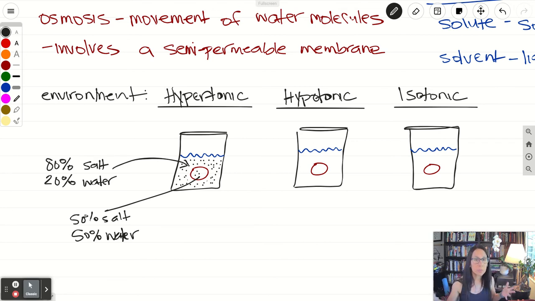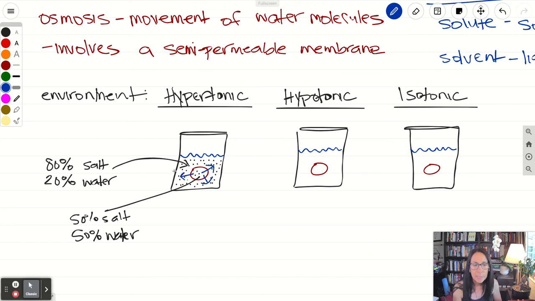So water is going to move because passive diffusion always happens. And so with water, water is the only thing that can move, the salt can't move. So because there is more water inside the cell, there's 50%, and there's less water outside the cell, it's 20%, the water is going to move out of the cell. Okay?